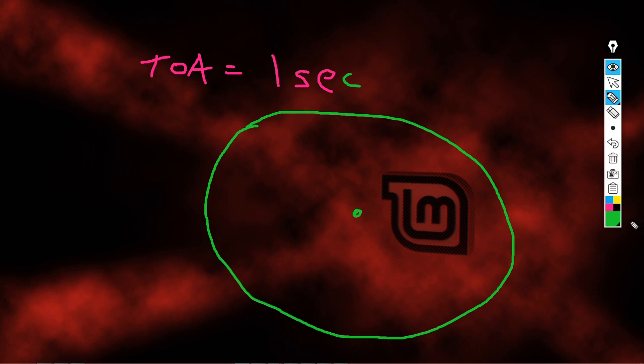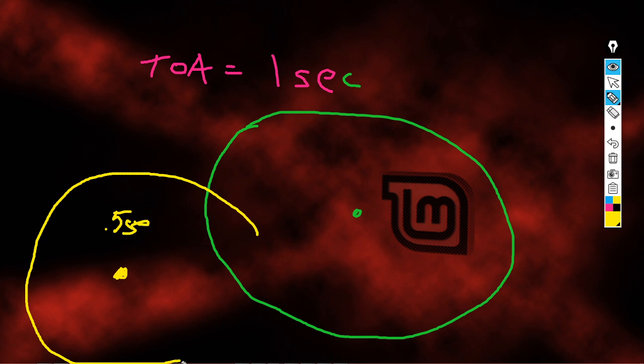If we have 2 observers, this time I'll put the second one in yellow. Okay. And that observer records a time of arrival of half a second, or 0.5 seconds, because it's closer. Then he's got a circle that's smaller than that one.